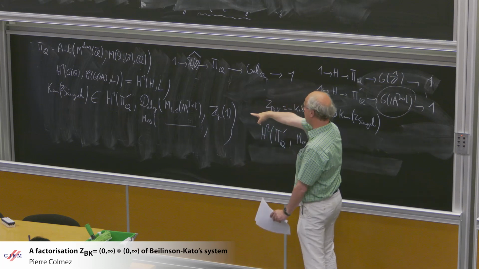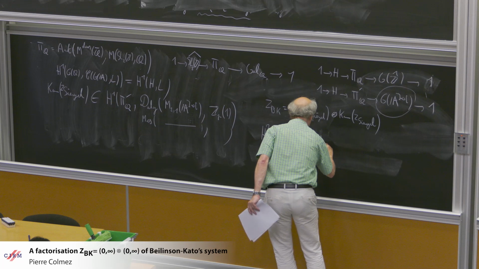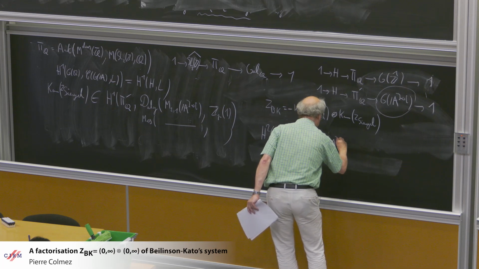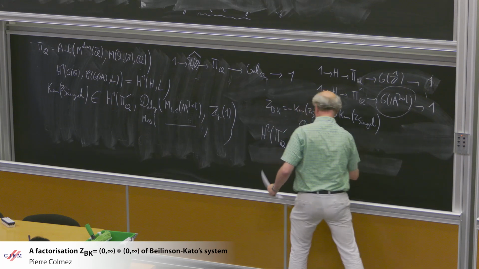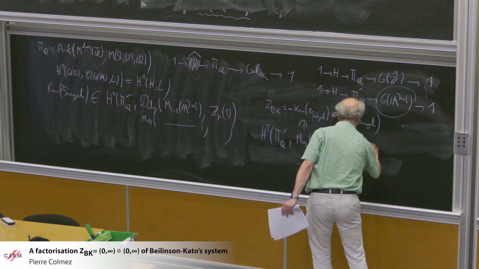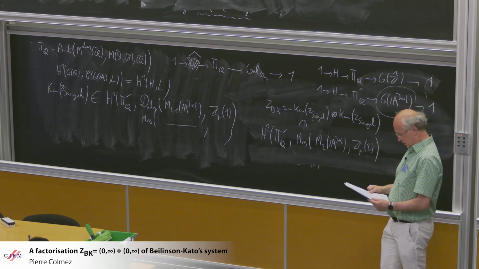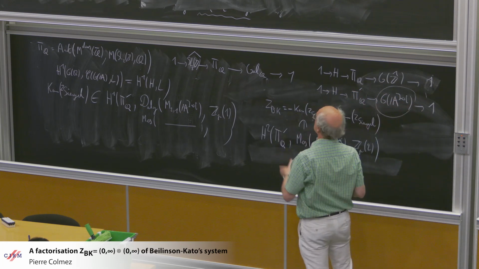Now you have M21 cross M21, which is just M22, so M2 of A infinity, with values in ZP of 2.